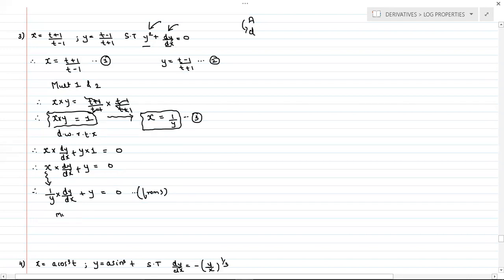After this, simply multiply y throughout the equation.